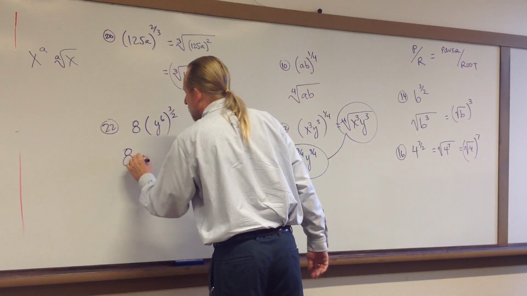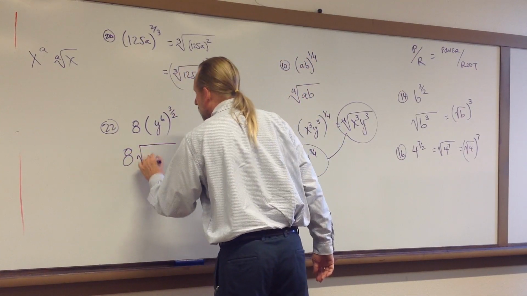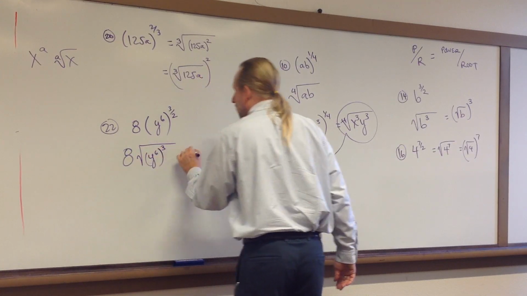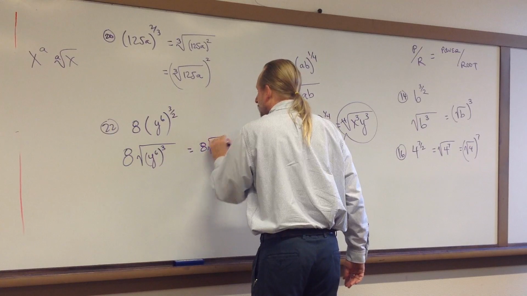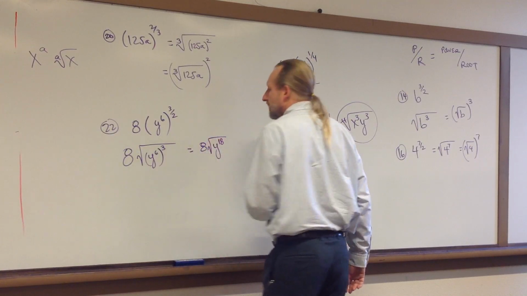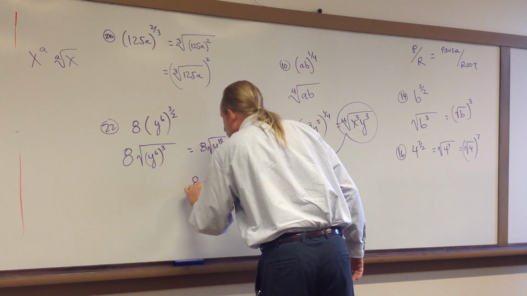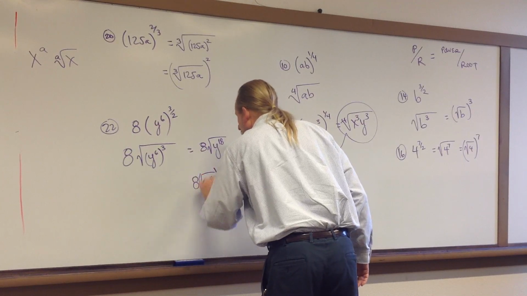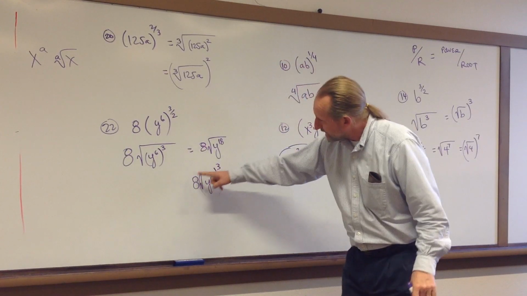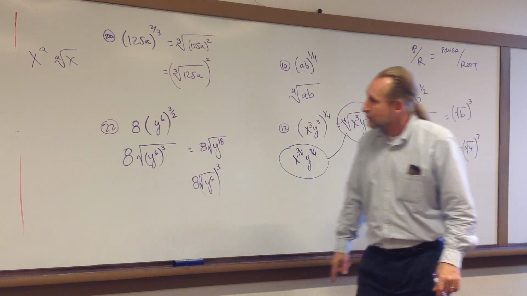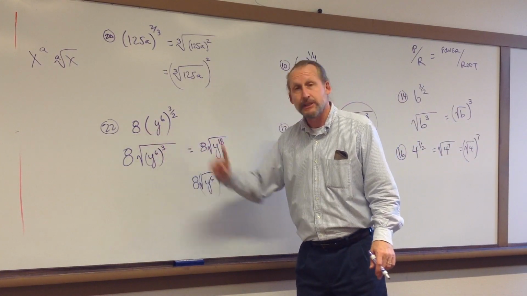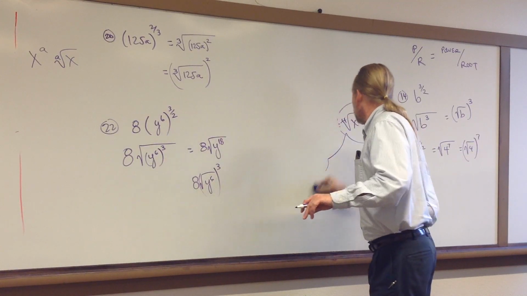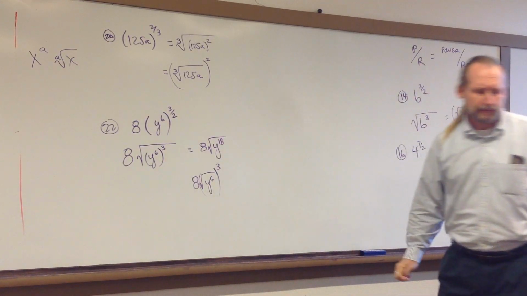The 2 indicates that this is a square root of y to the 6th to the 3rd power. So that's 8 square root y to the 18th. You could write it like this if you want: square root y to the 6th all to the 3rd power. Notice I did not include the 8 inside those parentheses because it was not inside these parentheses. So that's problem 22.